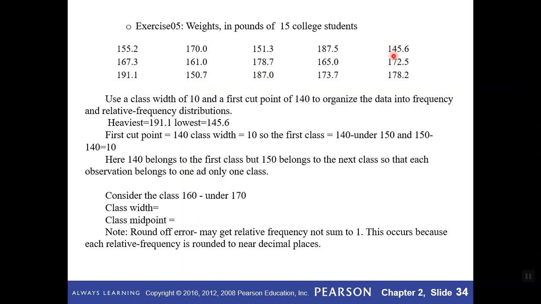Yeah, 145 is the minimum value, and the largest value I think 191. Yeah, the largest value is 191.1, the lowest value is 145.6. So now you know the range: 145.6 to 191.1. Now you have to decide what the size of the class is.